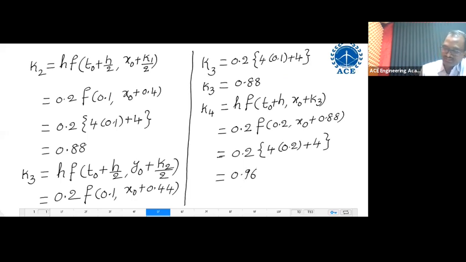So increment in y means only K. Therefore, K is equal to 1 by 6 into K1 plus 2 K2 plus 2 K3 plus K4.